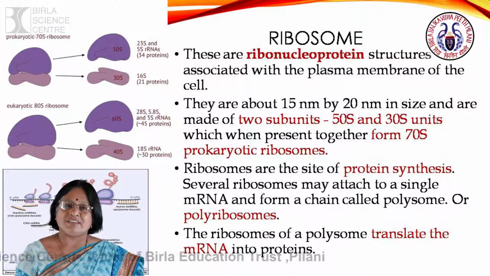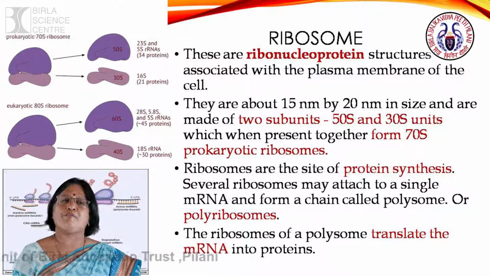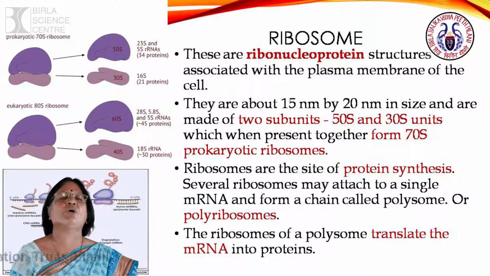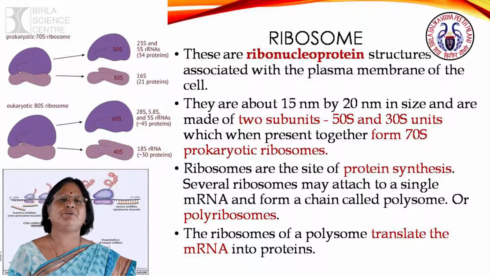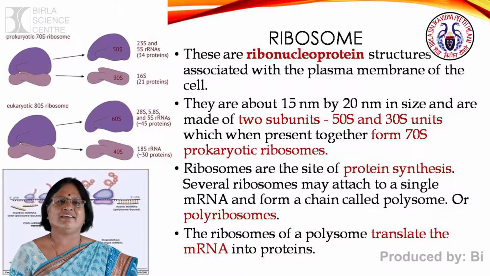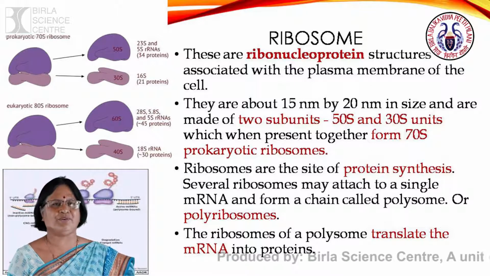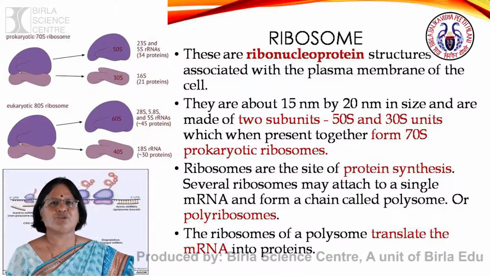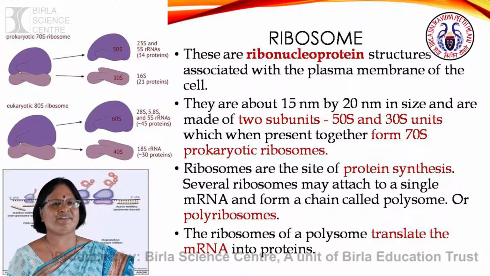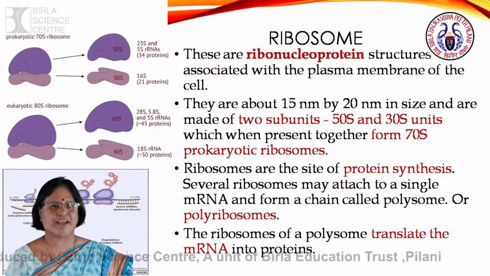The 70S ribosome of a prokaryotic cell has two subunits. One subunit is the larger one, the 50S subunit, and the other is the 30S, the smaller subunit of the ribosome. These two together form a 70S prokaryotic ribosome.